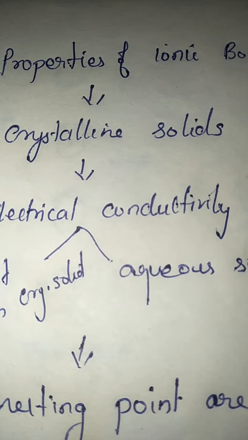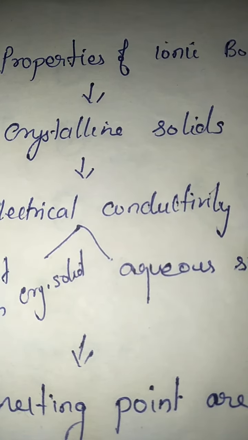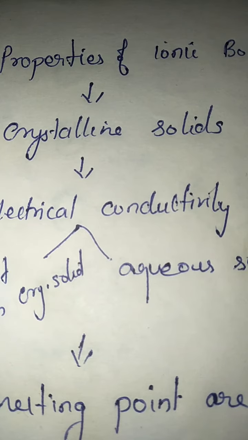Today we are going to study the properties of the ionic bond. Based on the bond in a molecule, we can determine its properties. So if the compounds or molecules have an ionic bond in them, what characteristics or properties will they show?